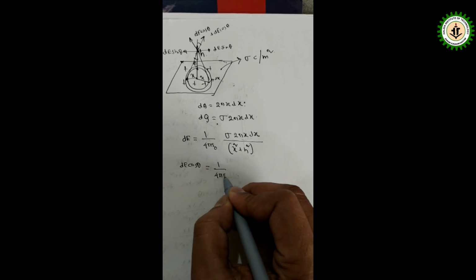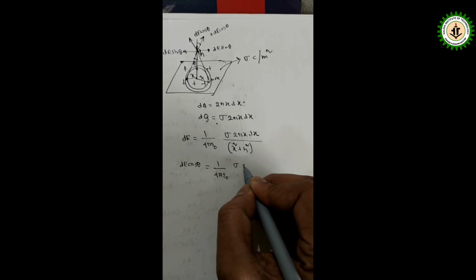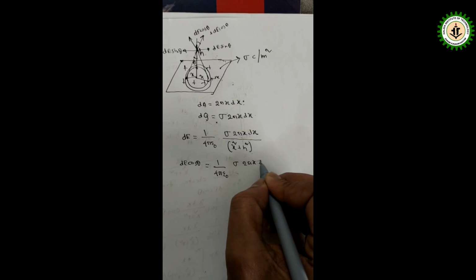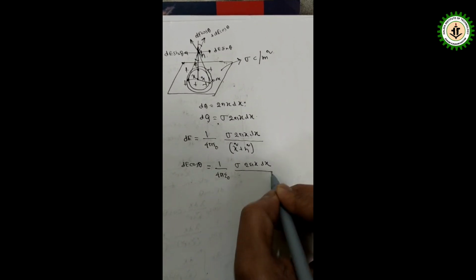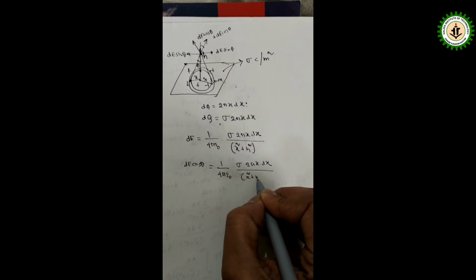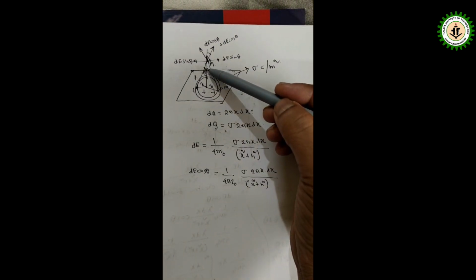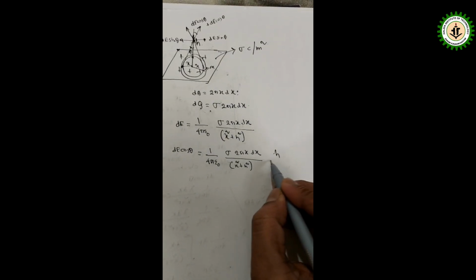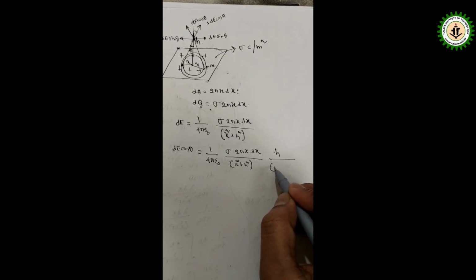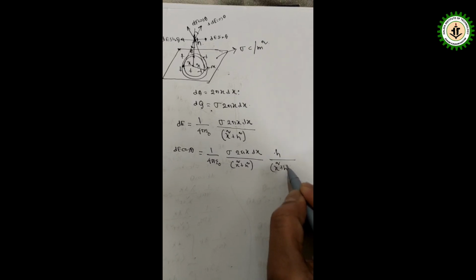So what is the value of dE cos theta? The value becomes 1 by 4 pi epsilon naught, sigma into 2 pi x into dx by x square plus h square. And what is the value of cos theta? If this is theta, this is my base, so height is h, so cos theta is h by x square plus h square to the power of half.